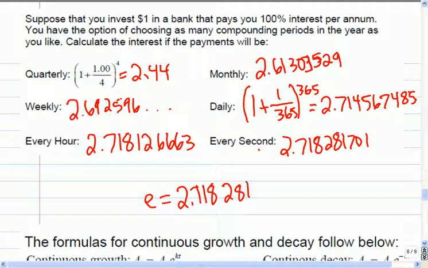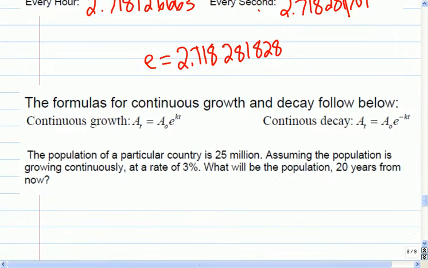Let me do that again. 828. So you can see that when we get into seconds, it has Euler's number to 6 decimal places. So that keeps approaching Euler's number the bigger it gets. As we increase the payment period, the size and the number of payments, we start to approach Euler's constant. That's the best here's-how-it-works explanation I can give you without calculus.